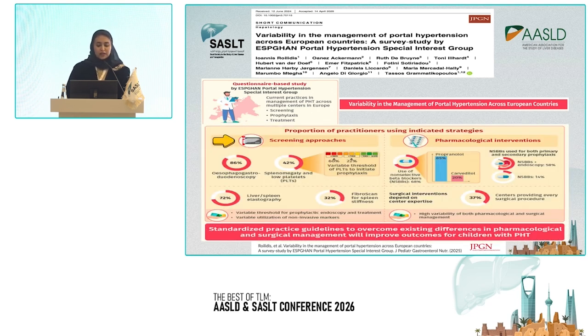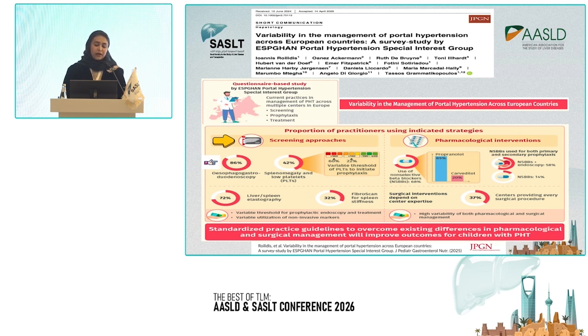Starting with the screening approach, 86% of the physicians perform endoscopy. However, there are no guidelines on when to start endoscopy for children. Also, they used splenomegaly and low platelets as parameters for screening.